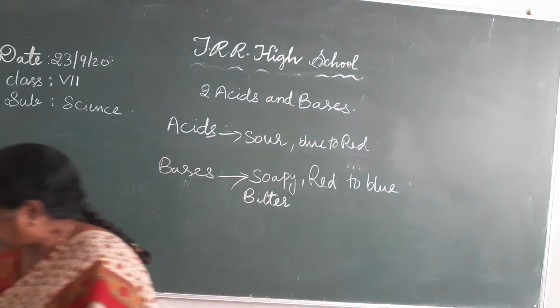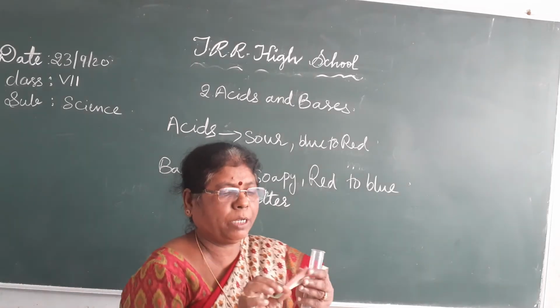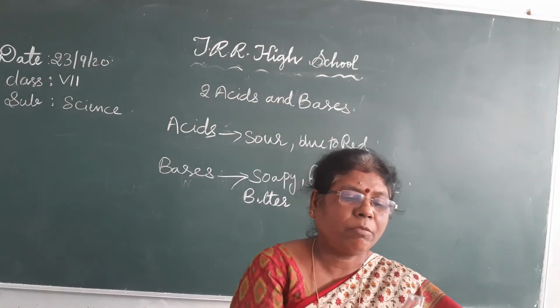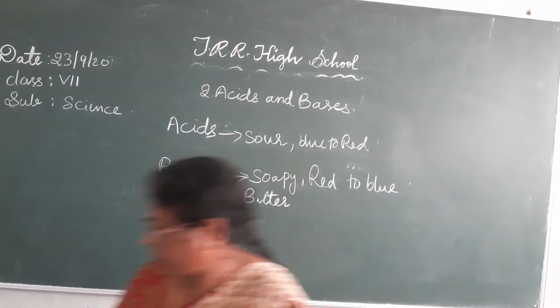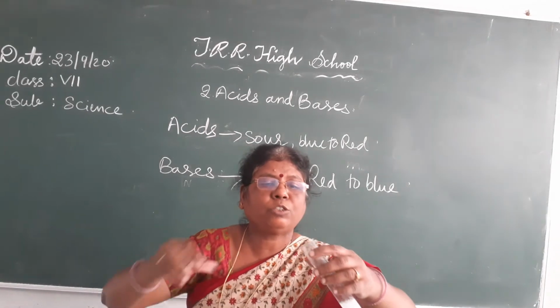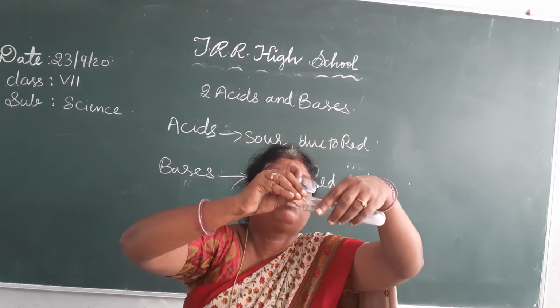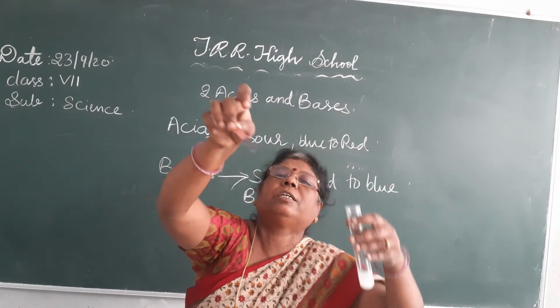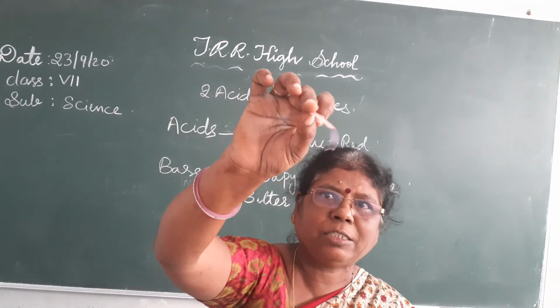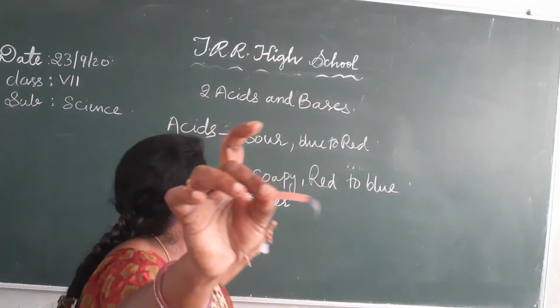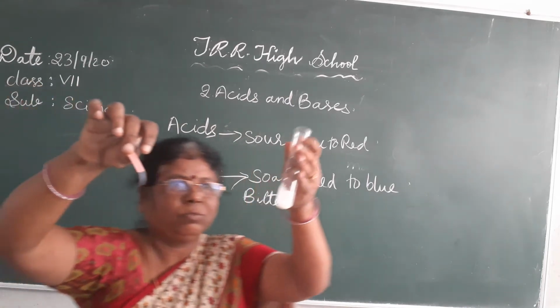Now here I am doing this. This is a red litmus paper. With red litmus paper we will do the test, whichever color you get. See, red litmus paper changes into blue color, which is the test for bases.